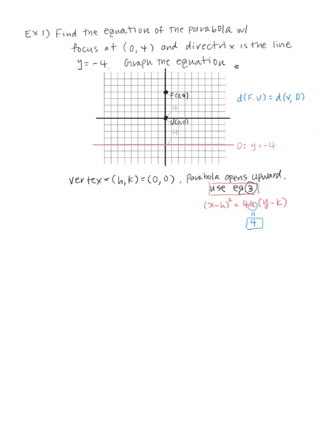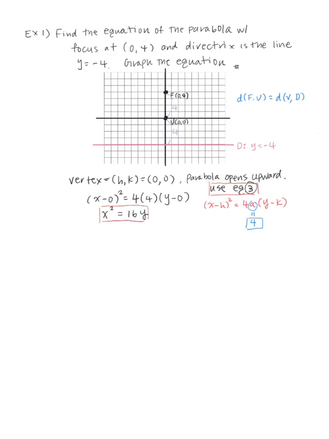Our equation is now (x minus 0) squared equals 4 times a, which is 4 times 4, times (y minus 0). I'm just trying to show every single step here. So we have x squared equals 16y. So this is the equation that we're looking for. So here is the answer.